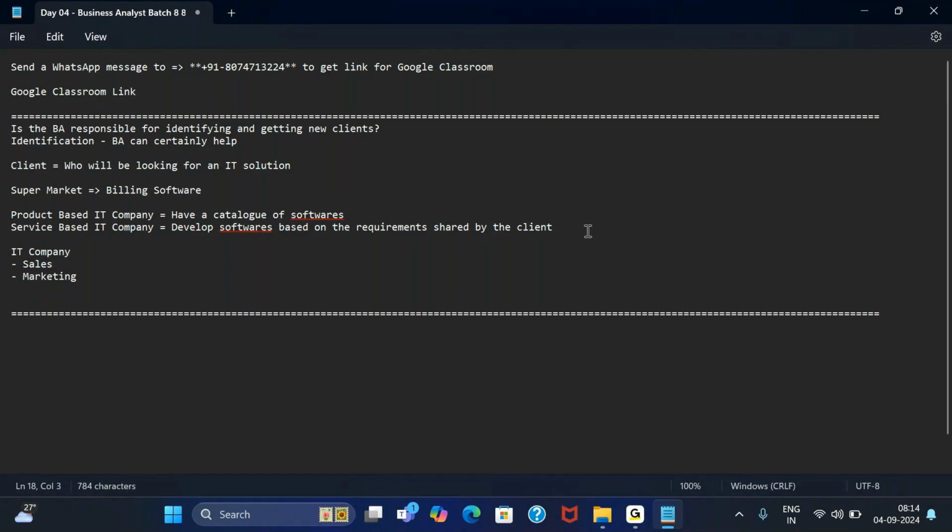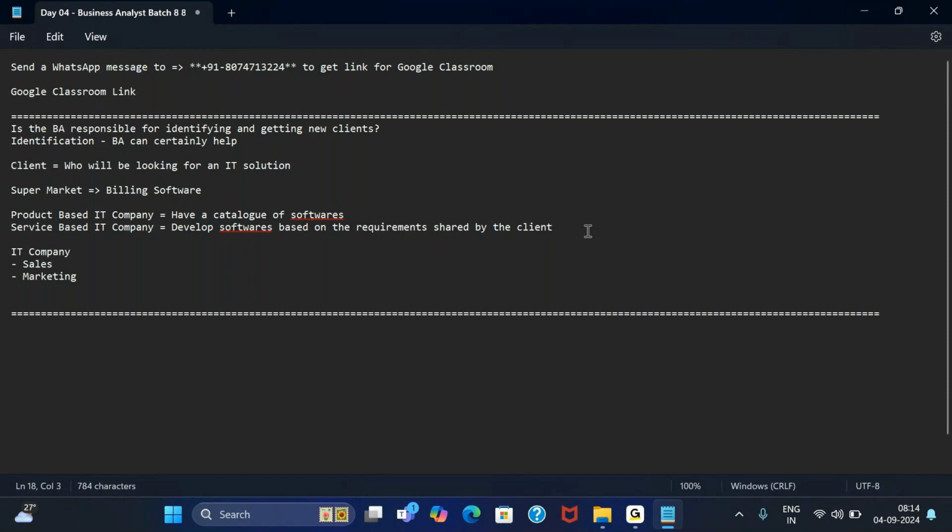It may unnecessarily bring a bad name for us. So the sales and marketing team are responsible for advertising the IT company, managing contacts with the clients, approaching the clients, and convincing the client to work with the IT company.